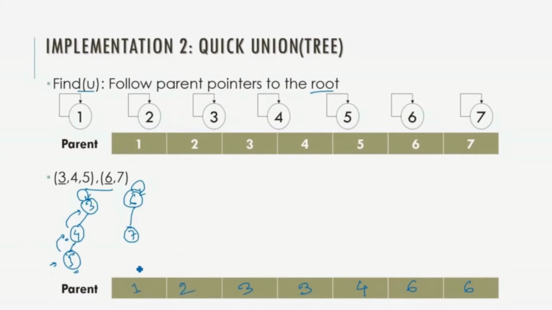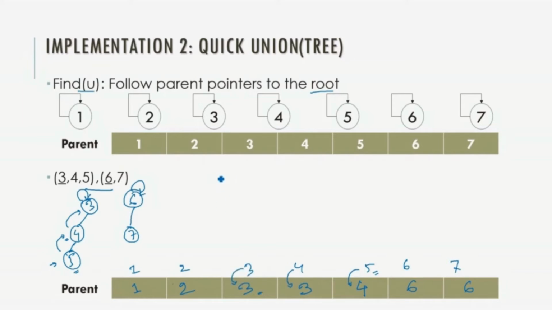So we can write the indices 1, 2, 3, 4, 5, 6, 7. If we look for the representative of 5, we see that the parent of 5 is 4, the parent of 4 is 3, and the parent of 3 is 3. So this is the root node.